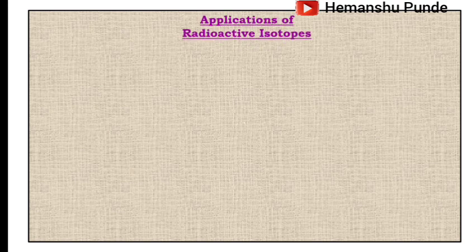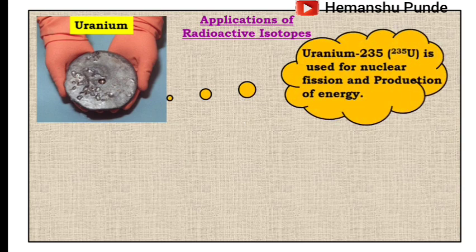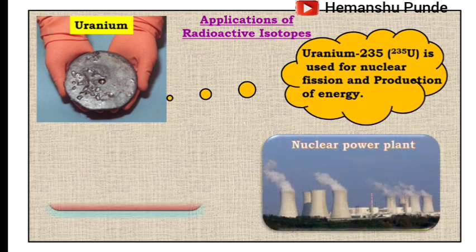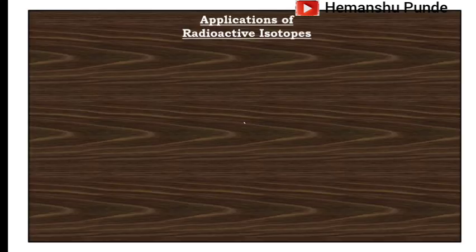Now applications of radioactive isotopes. First is uranium. Uranium 235, that is 235U, is used for nuclear fission and production of energy in nuclear power plants. Isotopes of some elements are used in the medical treatment of deadly diseases like cancer.